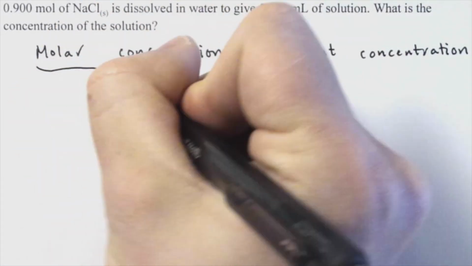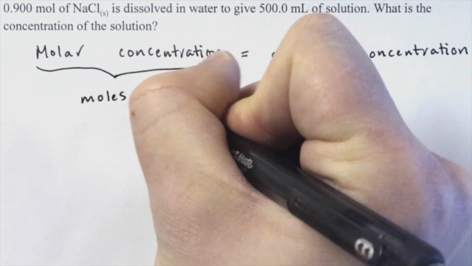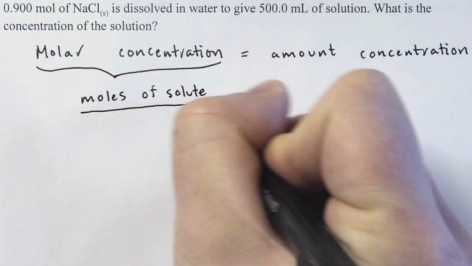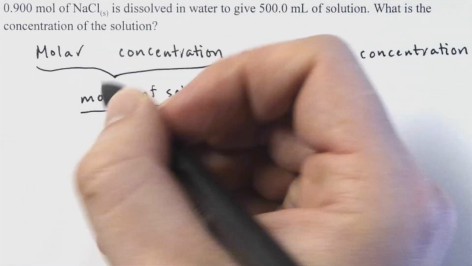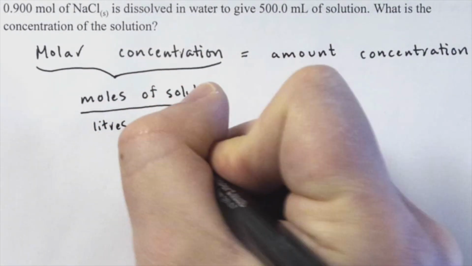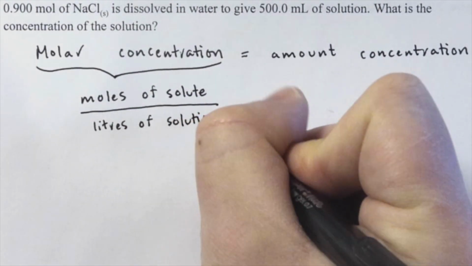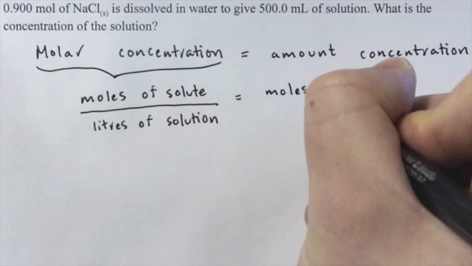So a molar concentration refers to moles of solute, so the stuff being dissolved, moles of solute per liters of solution. So we often refer to this as moles per liter.